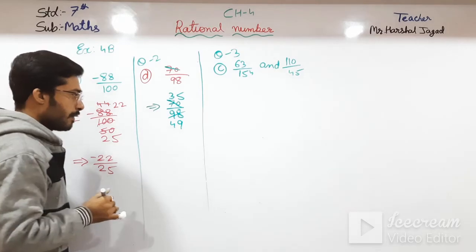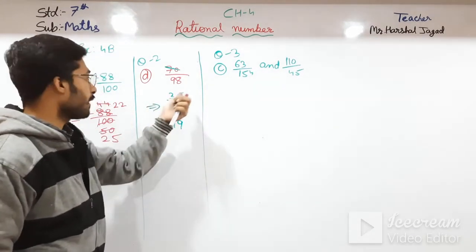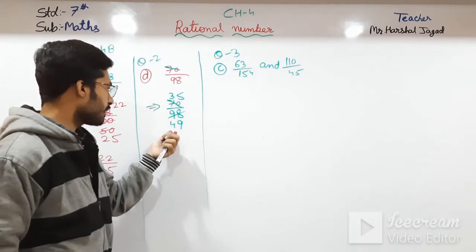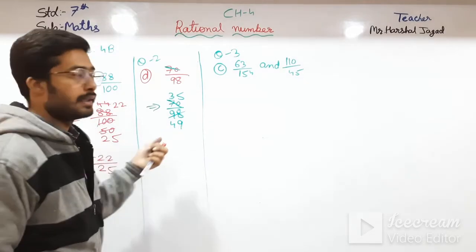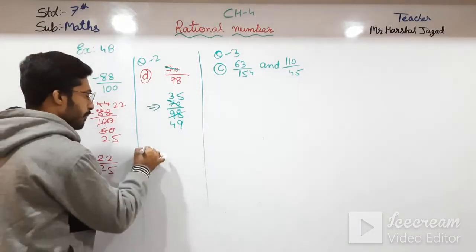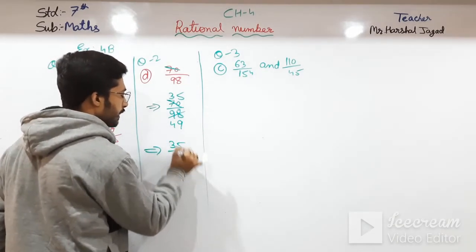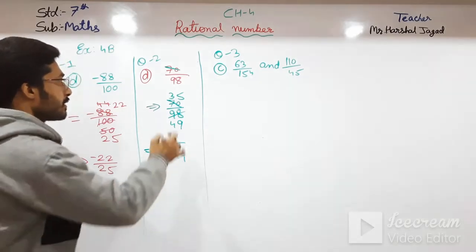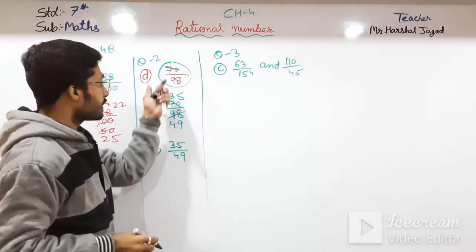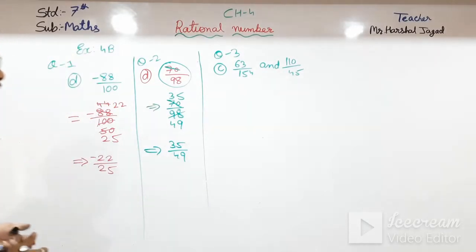Then again, is it cut by 3 or not? 5 plus 3 is 8 and 4 plus 9 is 13, so I don't think it will be cut again. So the simplest form is 35 by 49. Okay, so this is not in the simplest form. Its simplest form is 35 by 49. Okay students, please do it.